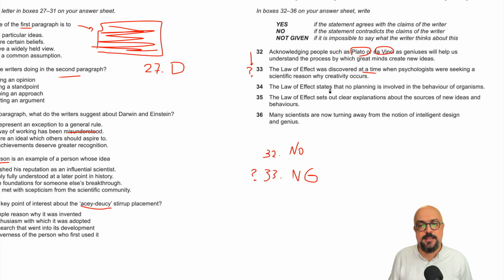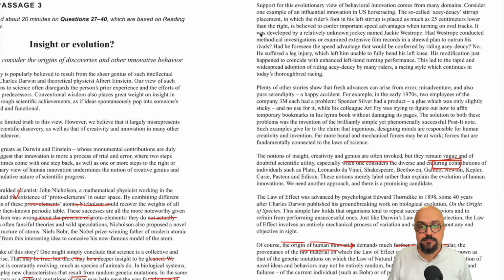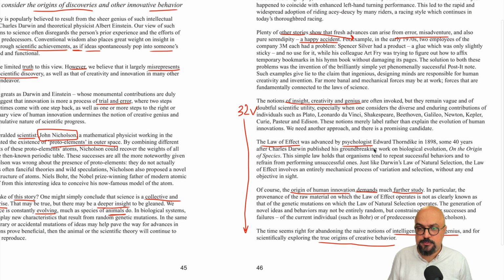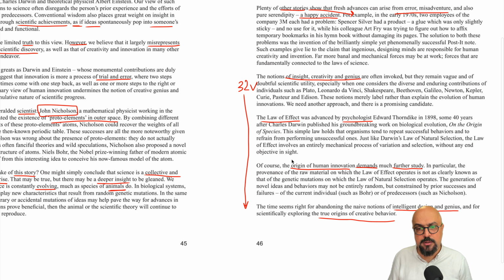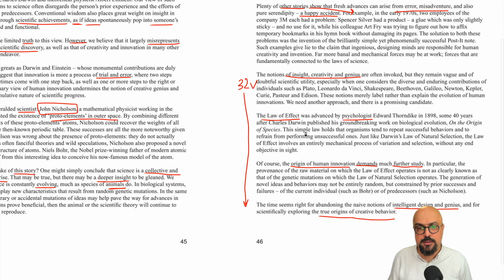The law of effect states that no planning is involved in the behavior of organisms. This simple law holds that organisms tend to repeat successful behaviors and to refrain from performing unsuccessful ones.